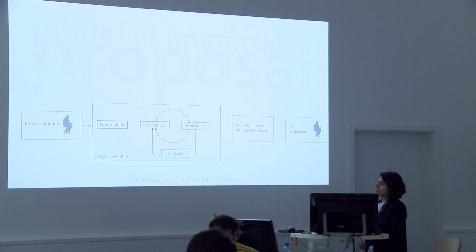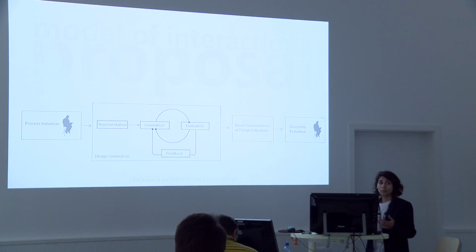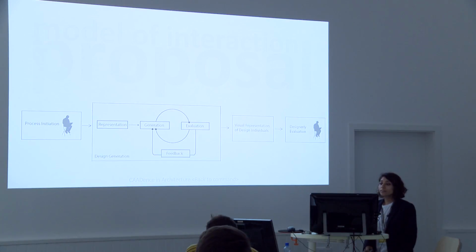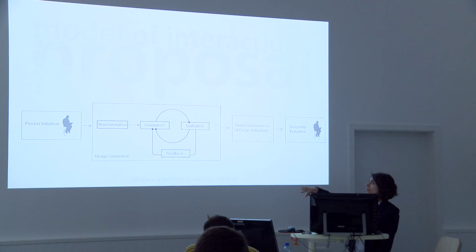We have a designer who initiates the process by determining the boundary conditions, instructions, and the restraints throughout the generation process. Then, after he's alphanumerically representing the inputs, the generation starts with regard to evaluation by the help of a feedback mechanism, as we all know.